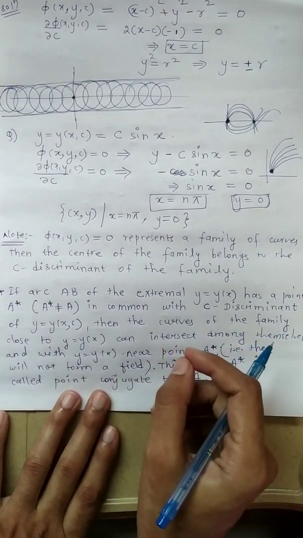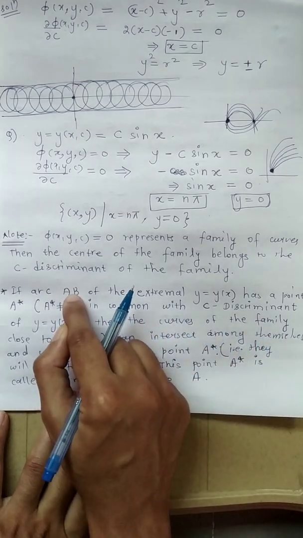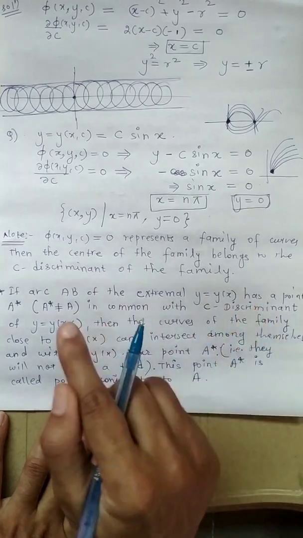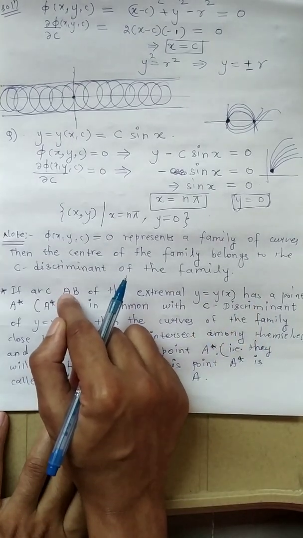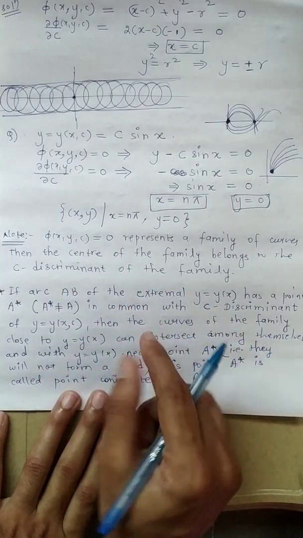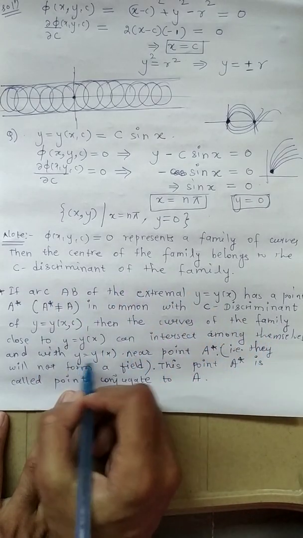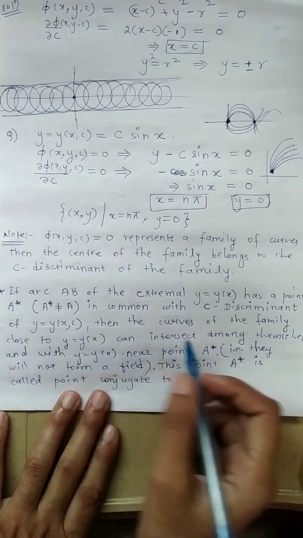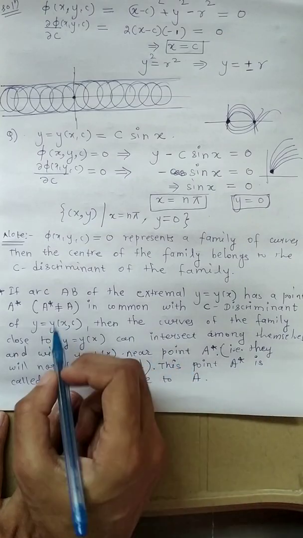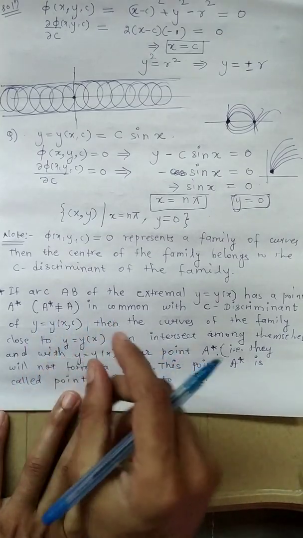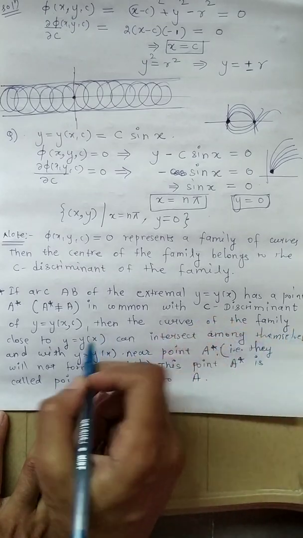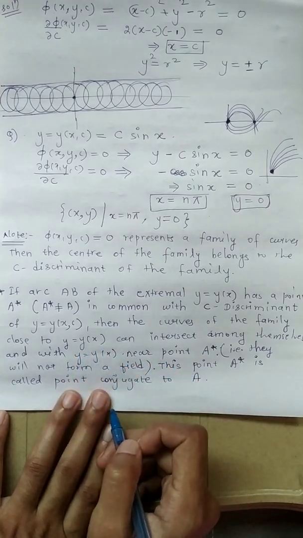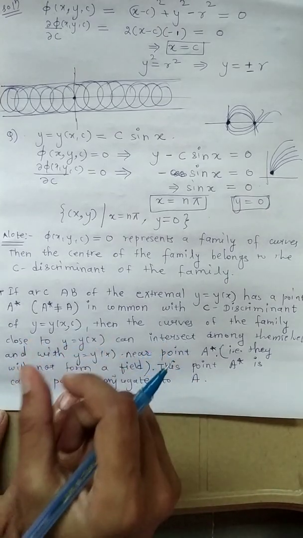But if at all there is any other point of this arc which is common with the C discriminant apart from the center point, that means the point A, then near that point the extremal y equal to y of x, the curves of this family will intersect among themselves, or they will intersect with this extremal curve y equal to y of x, and thus they will not form a field.